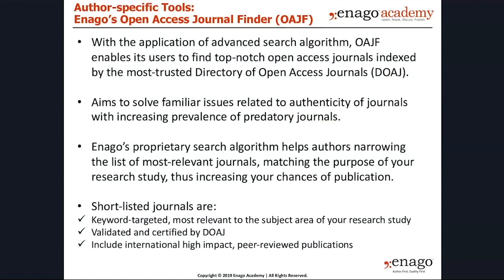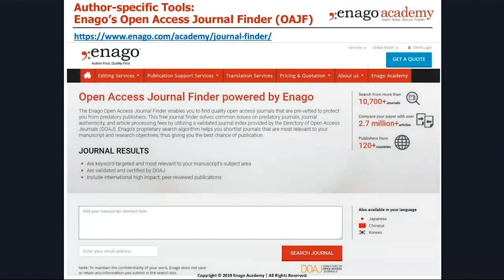Enago themselves also have a search engine based on the Directory of Open Access Journals, indexing their list of journals. So similar to Find My Journal, you can paste in the details of your paper here, add your abstract, and then we'll look at nearly 3 million articles to give you back a match of suggested journals.